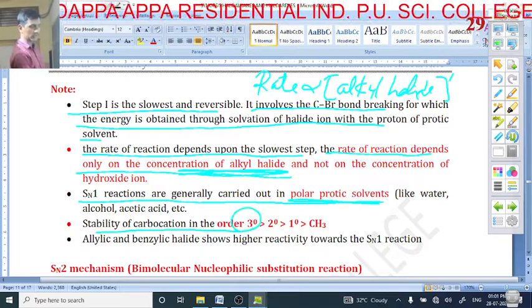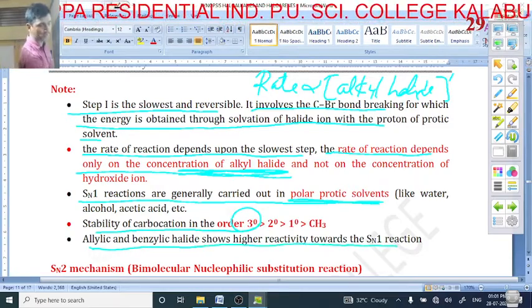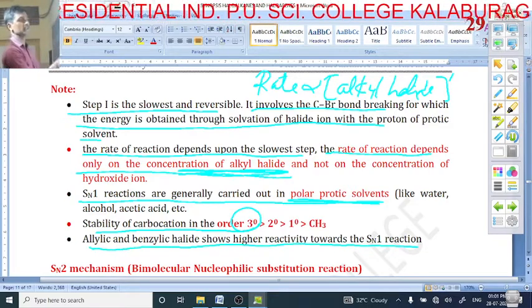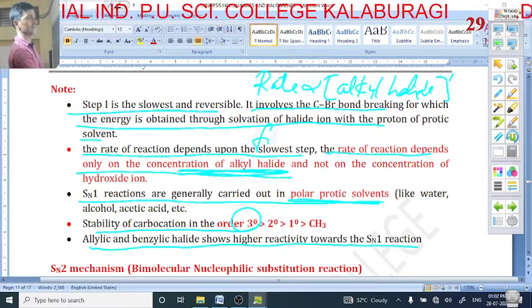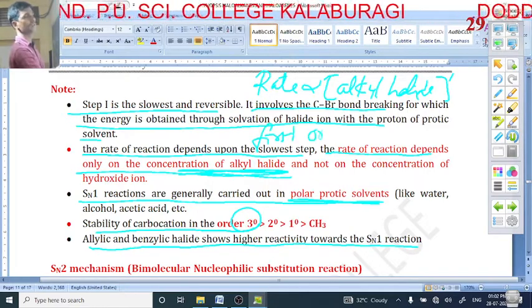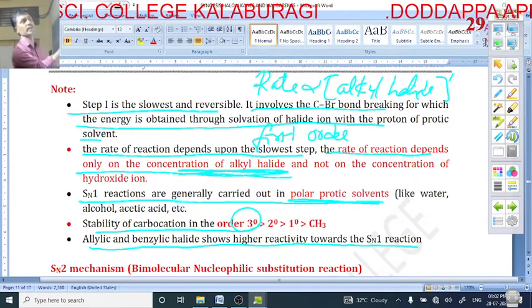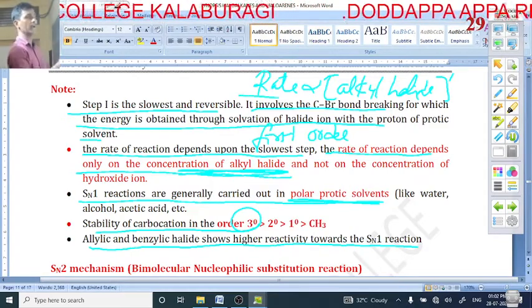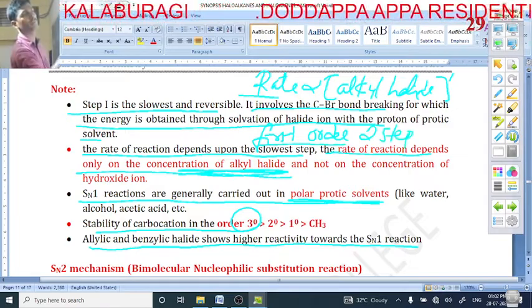Benzylic and allylic halides show higher reactivity towards SN1 reaction. It is a first order and two-step reaction.